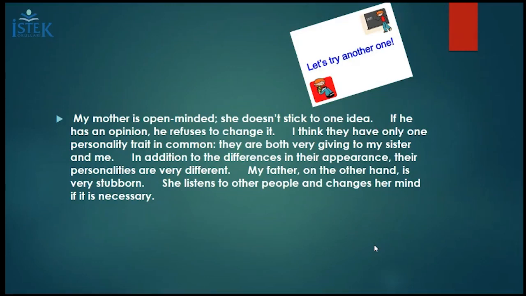In addition to the differences in their appearance, their personalities are very different. My father, on the other hand, is very stubborn. She listens to other people and changes her mind if it is necessary. I'm going to give you one more minute. Let's see if you're going to do this better.